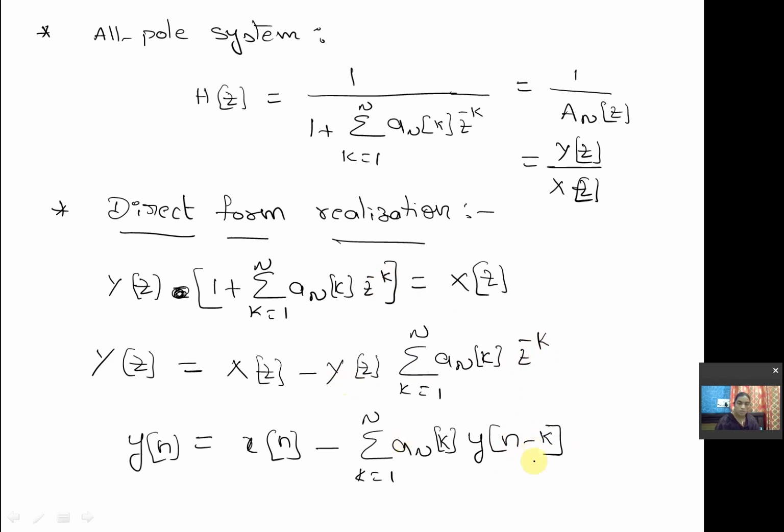Let this one be equation B and this be equation A. So this is the equation here.